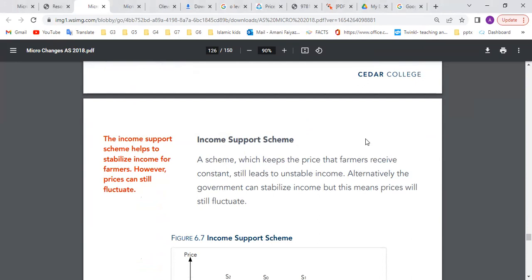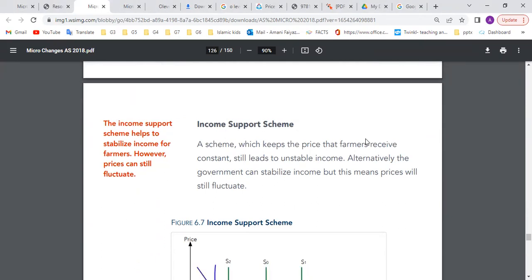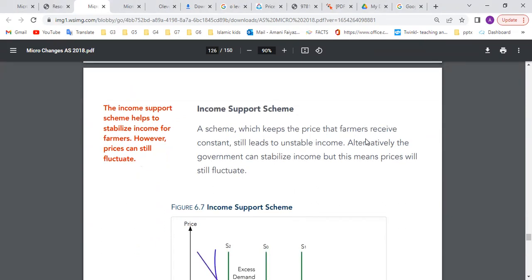Now, if the season is bad, it means that the farmer is going to make less money. That's understandable. But the government wants to protect these poor farmers from suffering because of seasons and because of all these XYZ factors. Okay. A scheme which keeps the price that farmers receive constant still leads to unstable income. All right. It's never perfect. Remember, the economy is never in perfect condition.